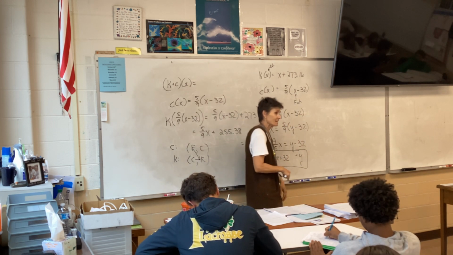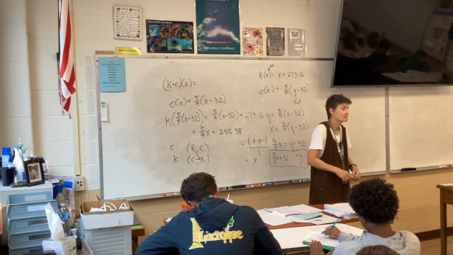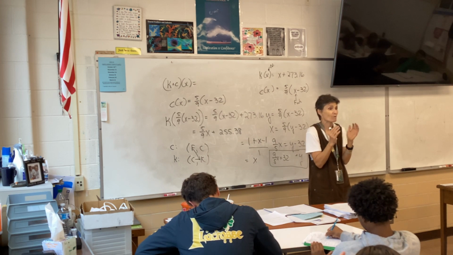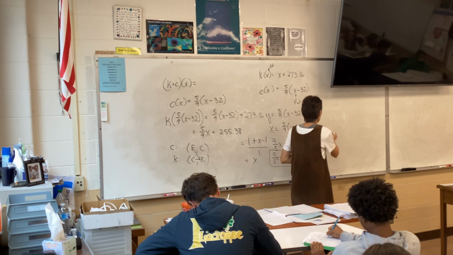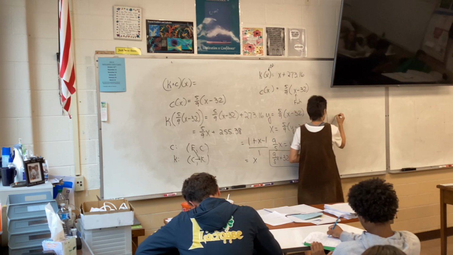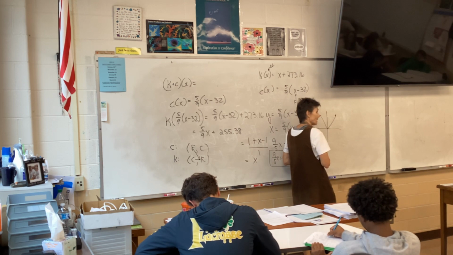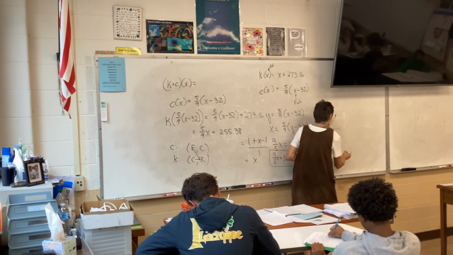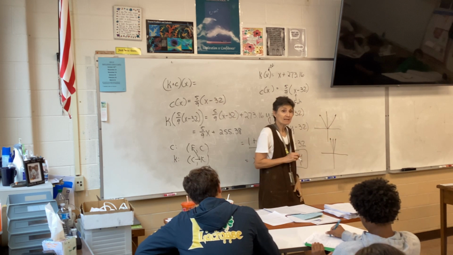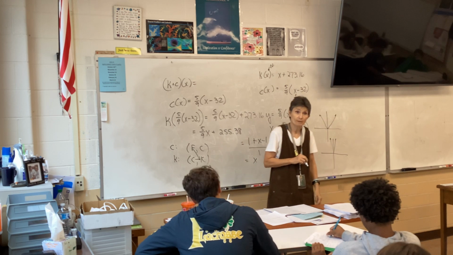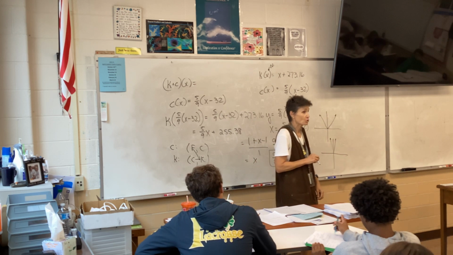The one I didn't include, and I definitely should have, is we can take a picture and stretch or shrink it. You know what I'm talking about? So we could take our normal absolute value, let's say, that's your normal absolute value, and we could make it super skinny or super fat. Does anybody know what you do in an equation to accomplish a stretch or a shrink?